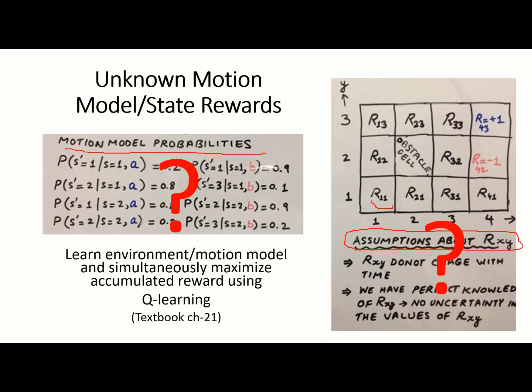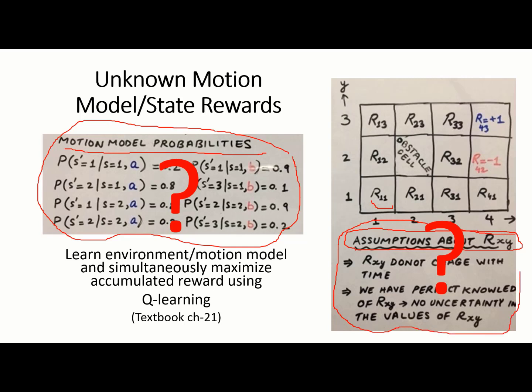But what if we relax those assumptions and say that we don't have complete knowledge of the motion model probabilities, and that the actual reward when we reach a particular state, the expected accumulated reward, may be different from what we expected the moment we initiated our journey? In both these situations, we come up against a new set of challenges.